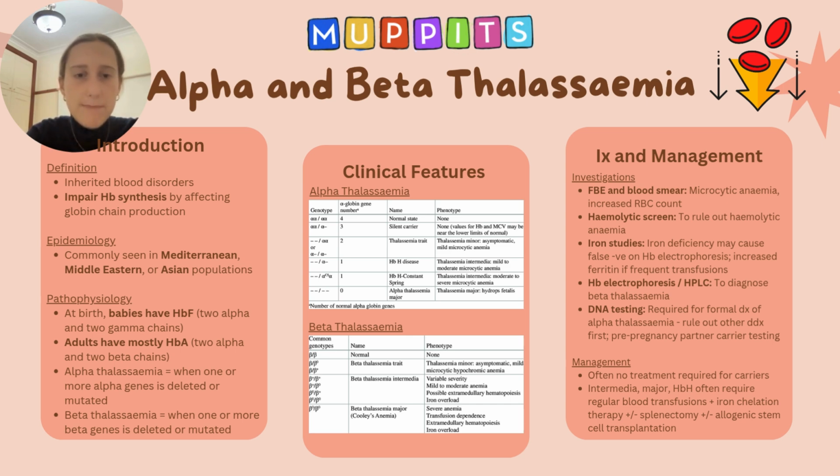For intermediate and major disease, or in alpha thalassemia, we've got HBH disease, these patients often require regular blood transfusions, iron chelation therapy to prevent overload. If there's a lot of splenic sequestration due to the extramedullary hematopoiesis, splenectomy may need to occur. And an allogenic stem cell transplantation might occur as well.